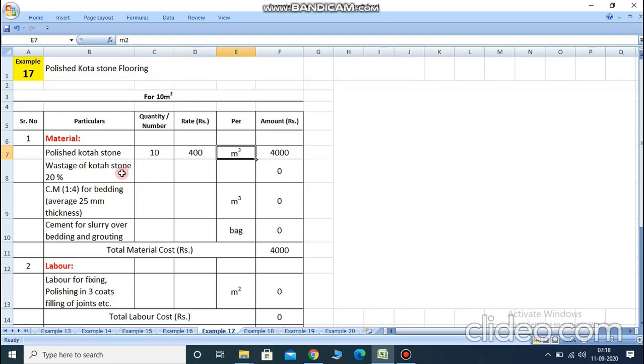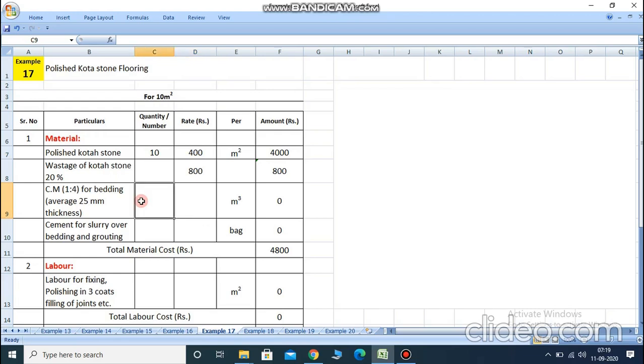Then after, wastage of Kota stone we take as 20%. So here 4000 multiplied by 20% is 800 rupees. Then cement mortar 1:4 for bedding, average 20 mm thickness.